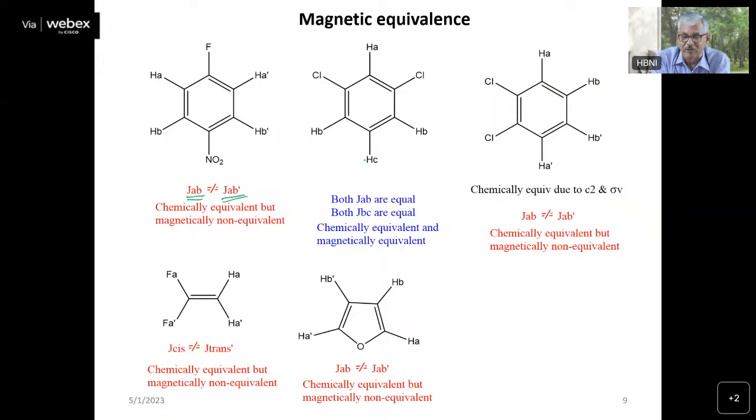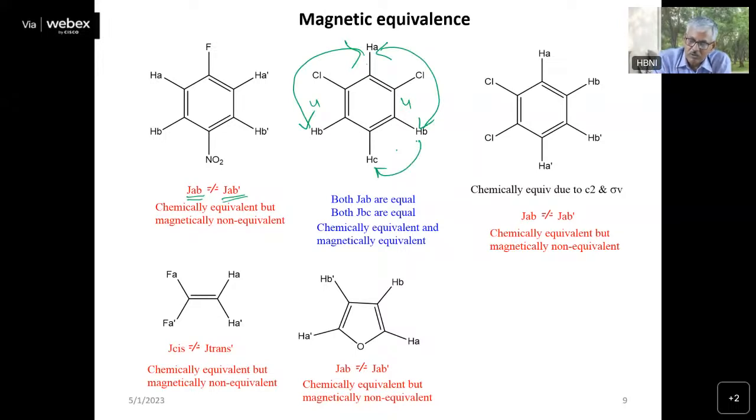You see in this particular example, this is a 4 bond coupling, this is also a 4 bond coupling. So both the JAB, this and this, are equal.